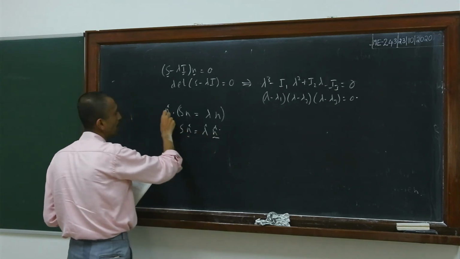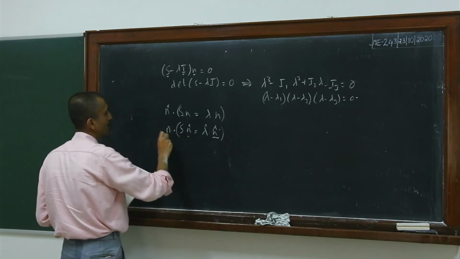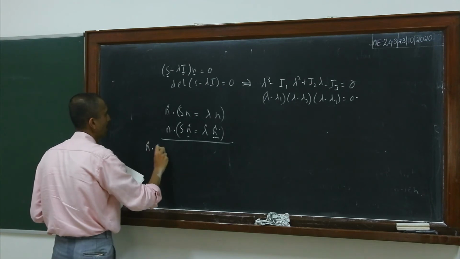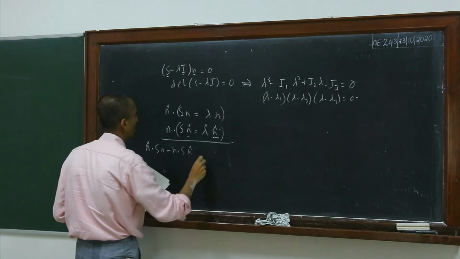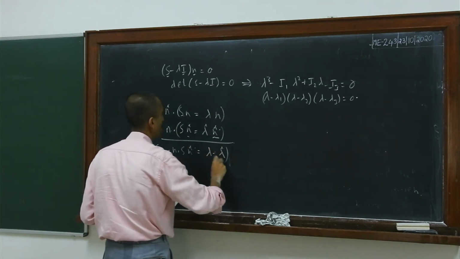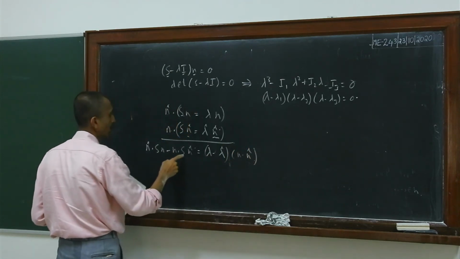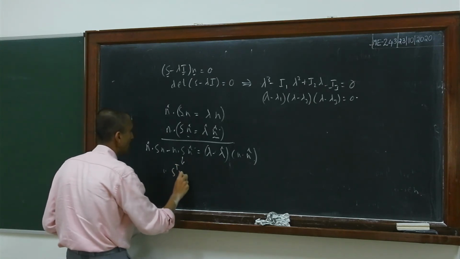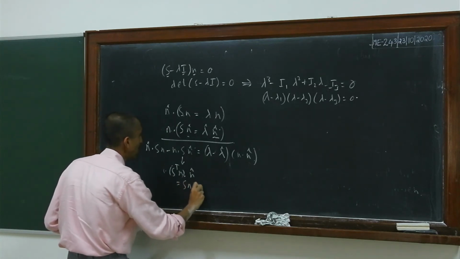Then you take the dot product of this with n-hat and of the other with n itself. If you subtract the two, you will get n-hat dot Sn minus n dot S n-hat is equal to (lambda minus lambda-hat) times n dot n-hat. Because S is symmetric, you can write this as S transpose n dot n-hat, and that is equal to S n dot n-hat.